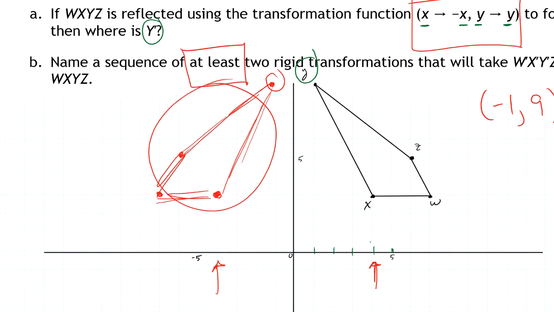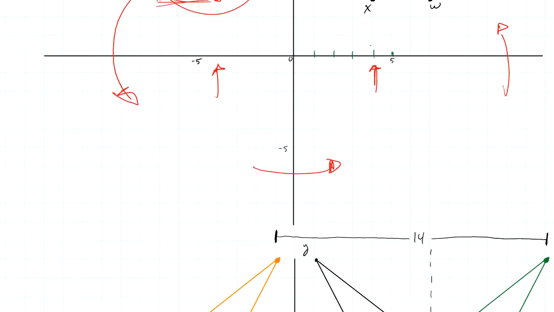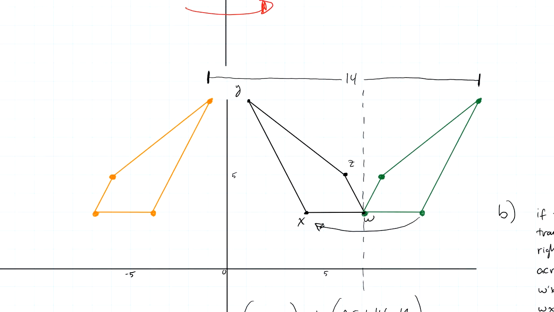For example, you could take this thing and reflect it across the y-axis, and then reflect it across the x-axis, then reflect across the y, and then reflect across the x-axis. You can do that, and I think you could figure out those reflections looking at this rule and how it did a reflection.